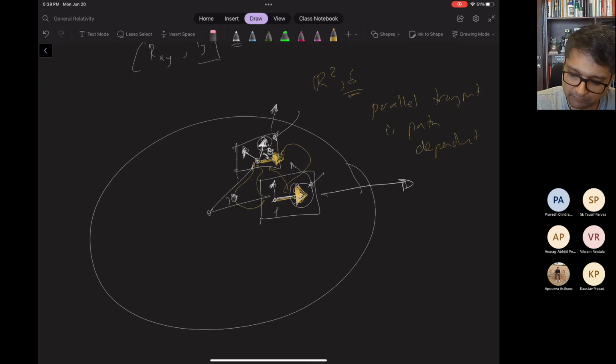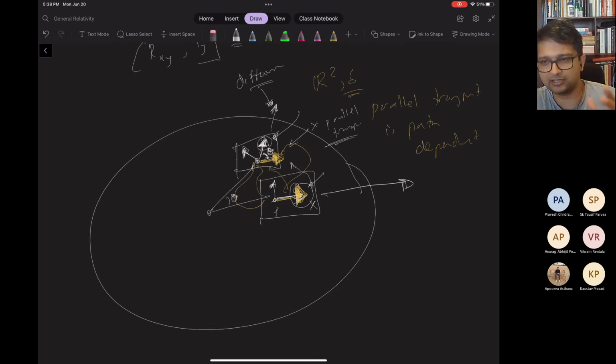So therefore, there is a unique comparison that I can make between this vector X after a diffeomorphism and this vector X after parallel transport. Because parallel transport is path independent, I can make this comparison and say that the vector X after diffeomorphism is rotated by an angle theta.